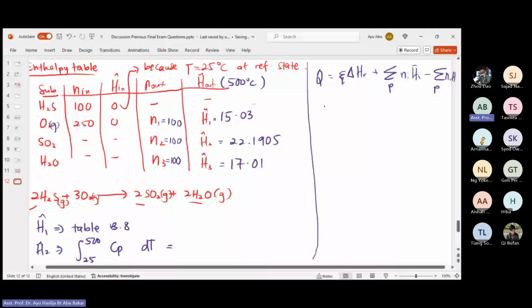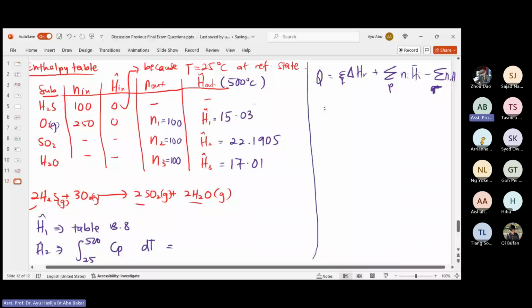The heat of reaction we obtained just now, HR calculated. So the product, find out from the enthalpy table. You can get it. So this is product minus reactant.